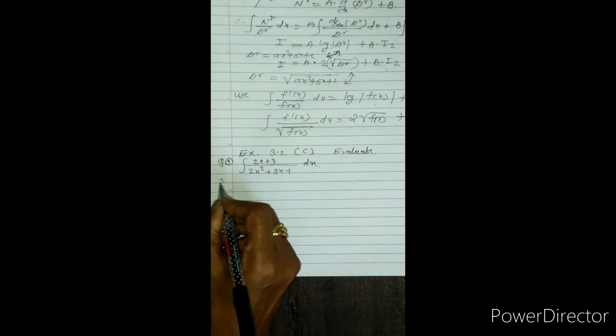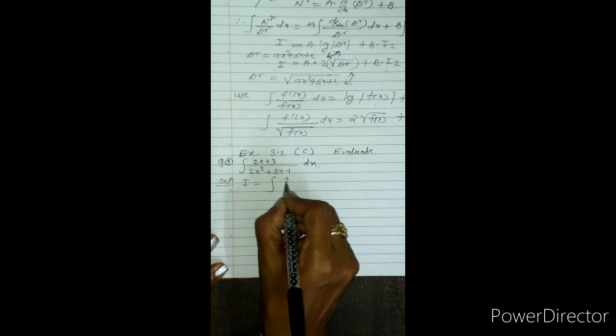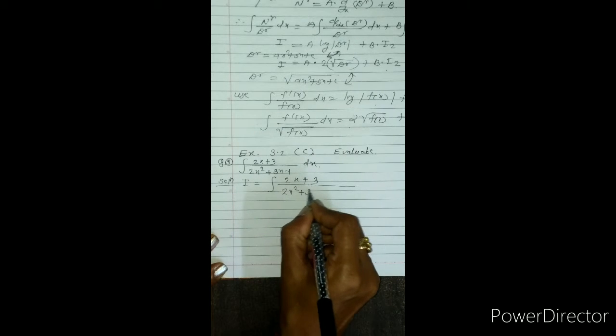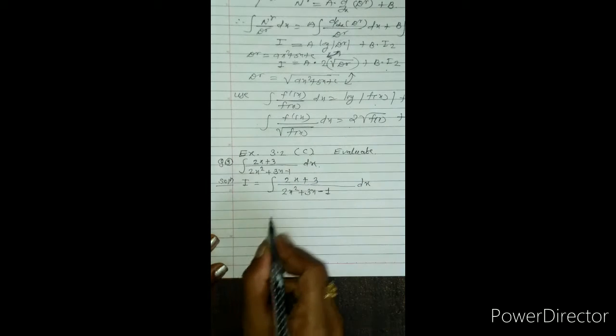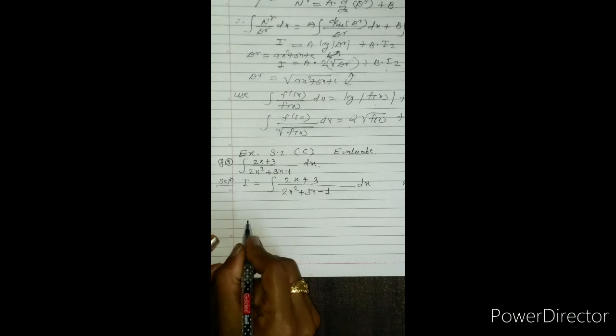For this type of integral, to find the solution we take I = integral of (2x + 3) divided by (2x² + 3x − 1), integral with respect to x. This is of the type px + q upon ax² + bx + c, integral with respect to x.